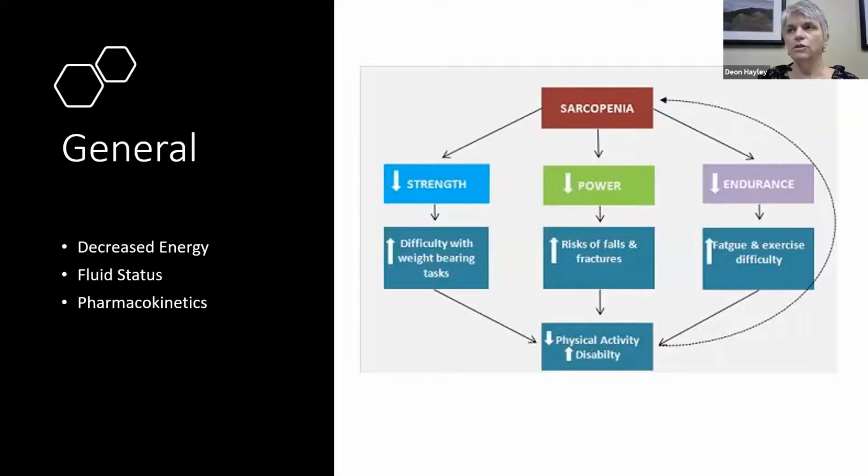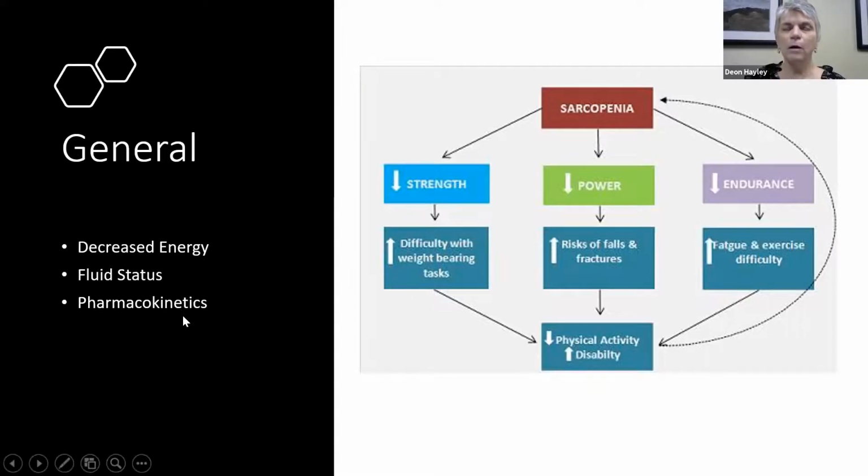Some of the other general changes with aging are things like fluid status. We know that as you get older, it's easier to get dehydrated or easier to have the adverse effects of being dehydrated. On the flip side, it's easier to get fluid overloaded. So that does go back to that less reserve situation.